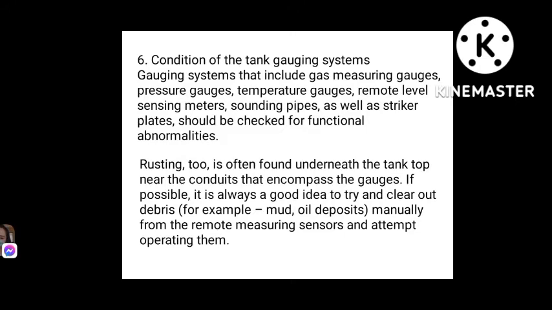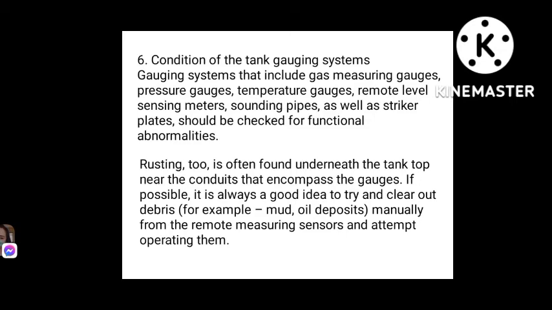So 6 is condition of the tank gauging system. The gauging system that includes gas measuring gauge, pressure gauge, temperature gauges, remote level sensing meters, sounding pipes, as well as striker plates should be checked for functional abnormalities.